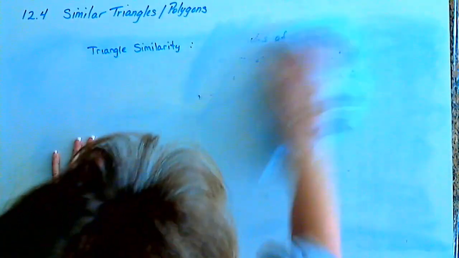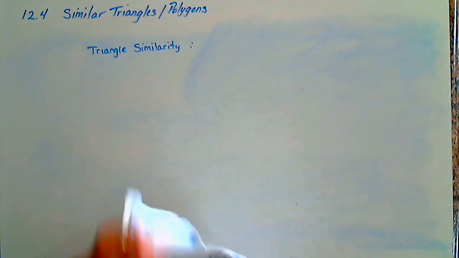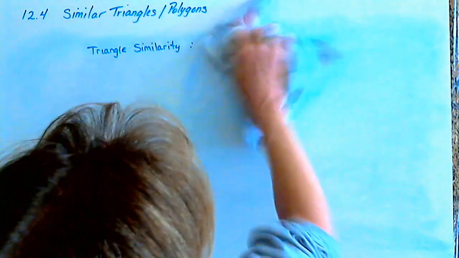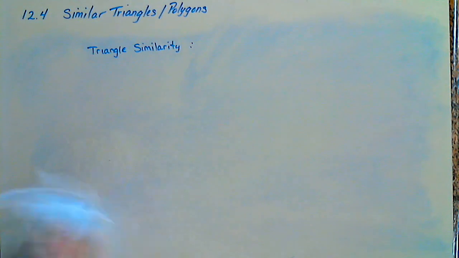And what's interesting is we only need two of the angles, because we know the sum of the angles in a triangle is 180. So if two of them are congruent, the third one automatically will be congruent as their sums would be the same.